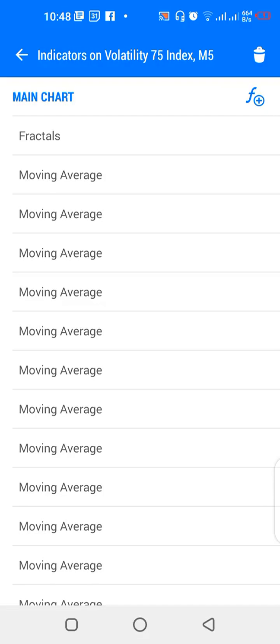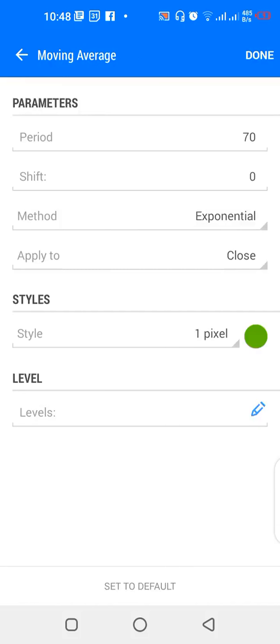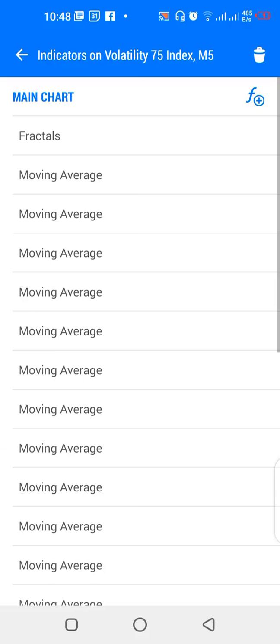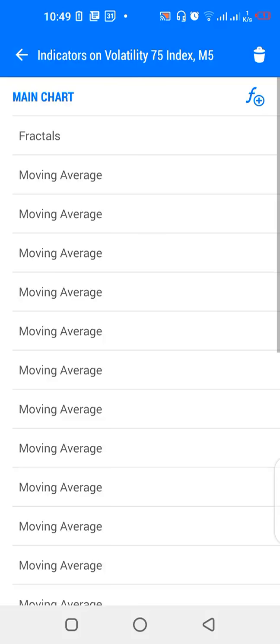The 10th one is the 75, which is the last of the green.